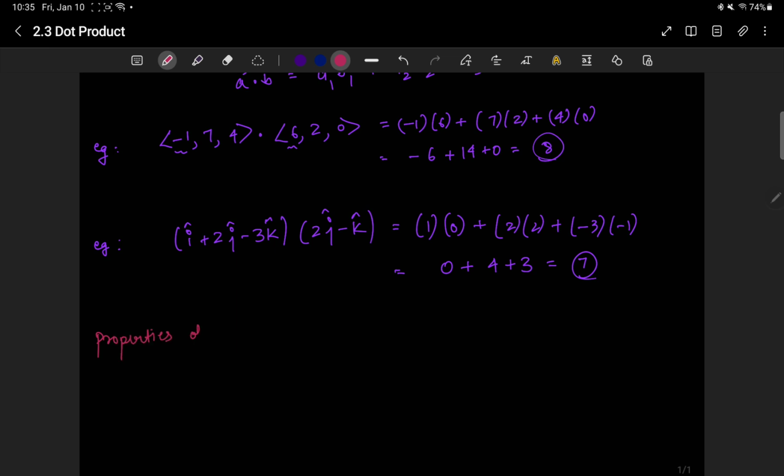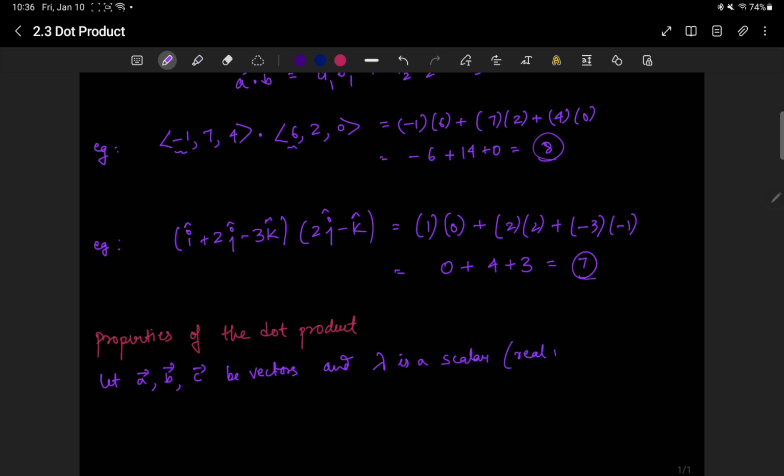Let's look at some properties of the dot product. So what is the setup? Let A, B, C be vectors, and lambda is a scalar, right?